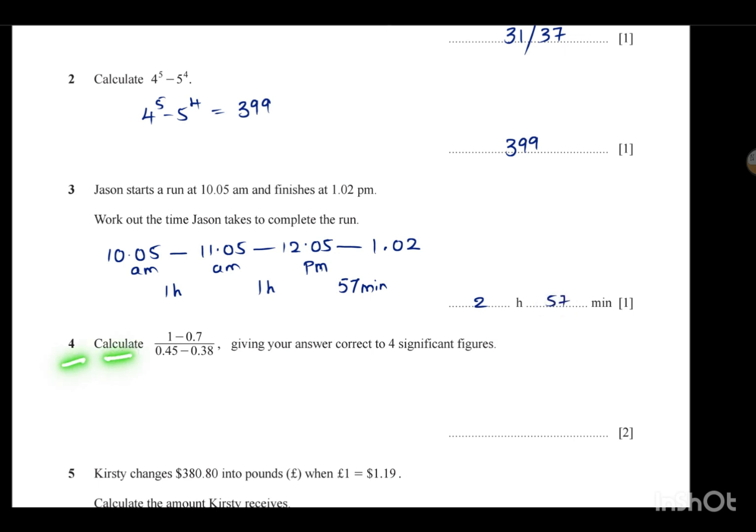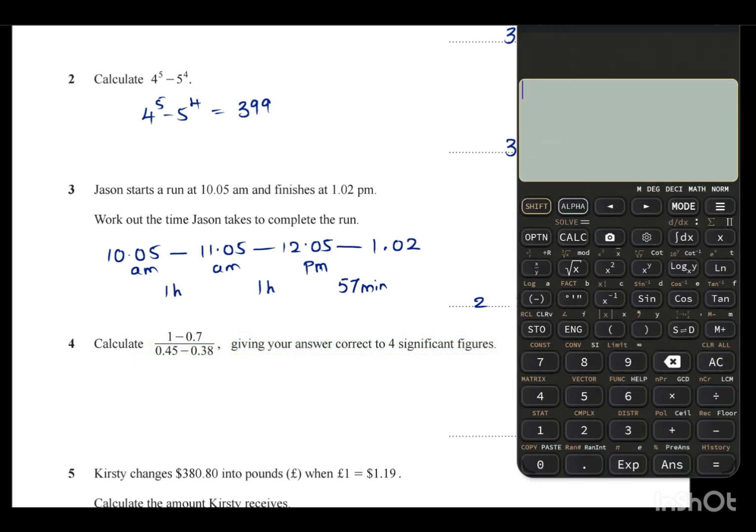Question 4. Calculate 1 minus 0.7 by 0.545 minus 0.38, giving your answer to 4 significant figures. So here calculator can be used. 1 minus 0.7 by 0.545 minus 0.38 gives 4.285714.